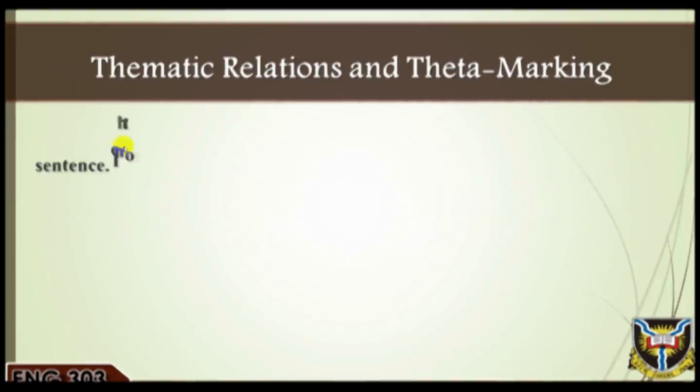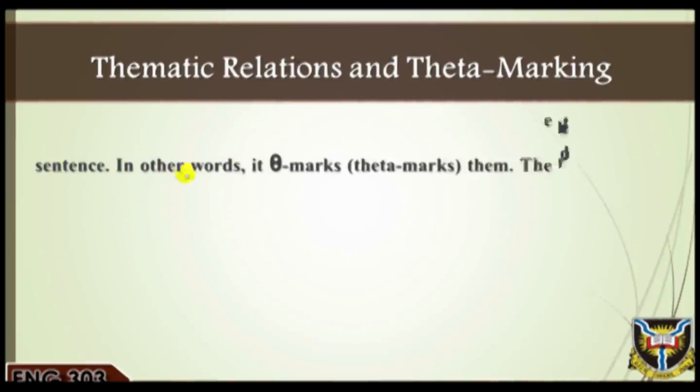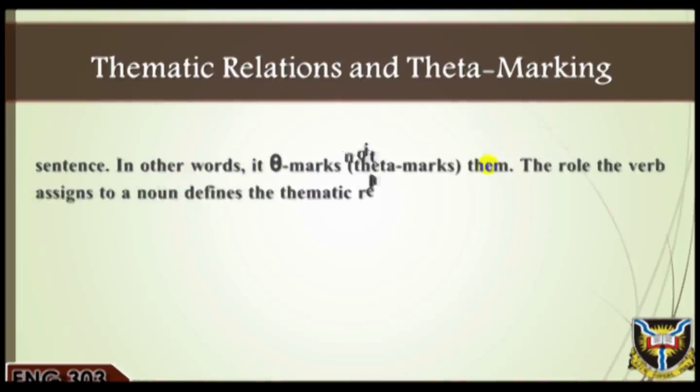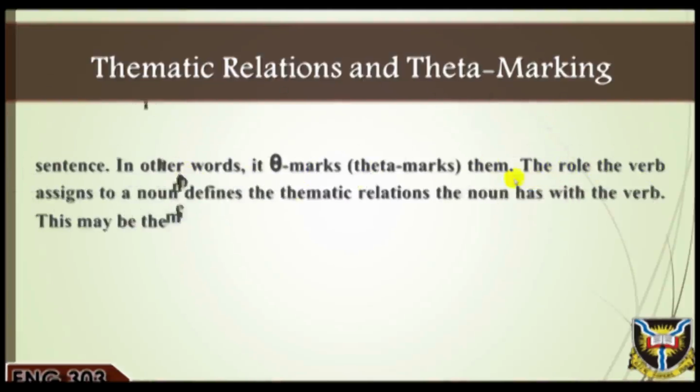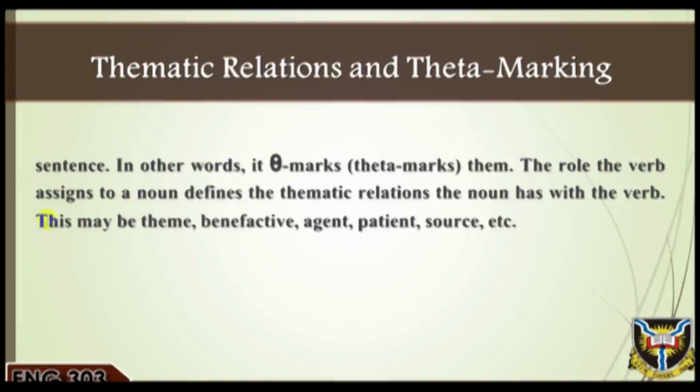In other words, it theta marks them. The role the verb assigns to a noun defines the thematic relations the noun has with the verb. This may be theme, benefactive, agent, patient, source, and so on.